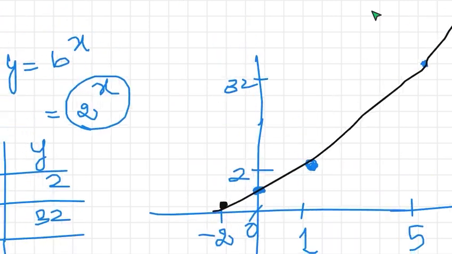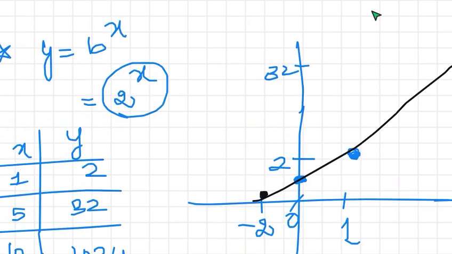For exponential graphs, there are different conditions. This is the case when the base is greater than 1. The graph will be different when the base is between 0 and 1. We just discussed how the nature changes.